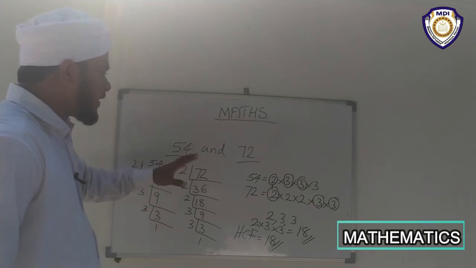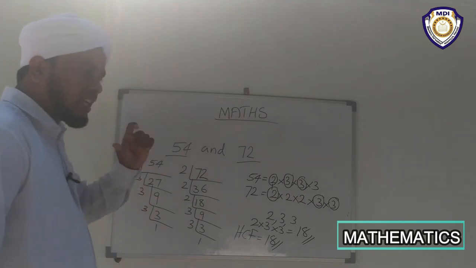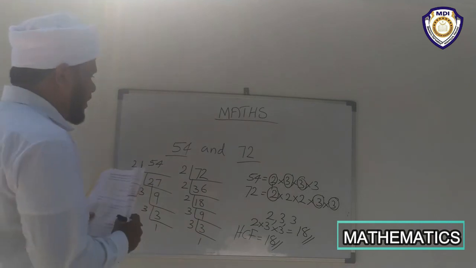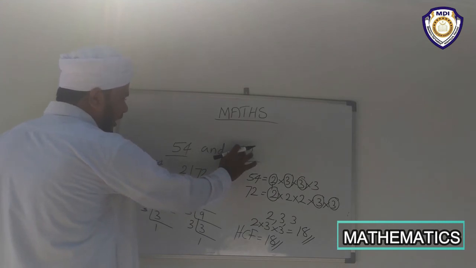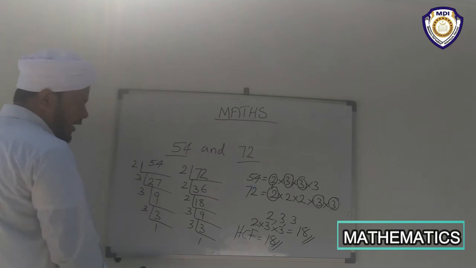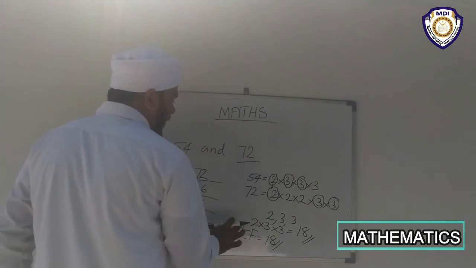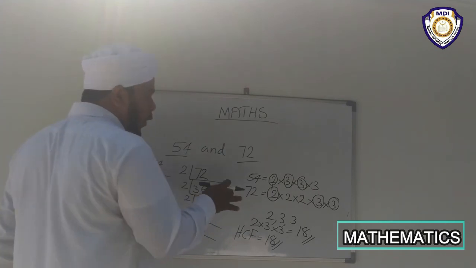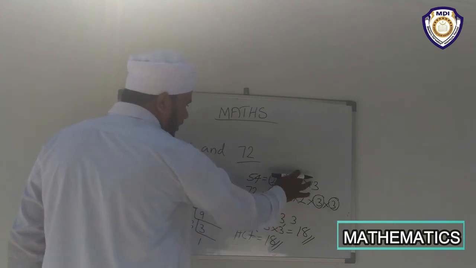How did we find it? First, using the factorization method. There are 2 methods, division method and tree method. We used the division method here. First we factorize 54, and second we find the factors of 72 by the division method. After that we write the factors, then select the common factors: 2 and 2, then 3 and 3, then 3.